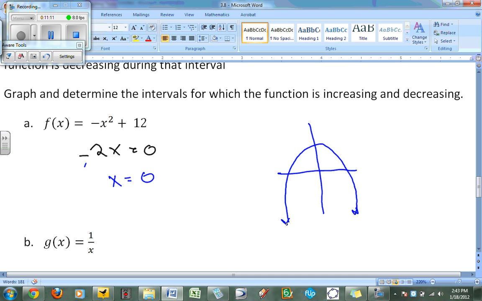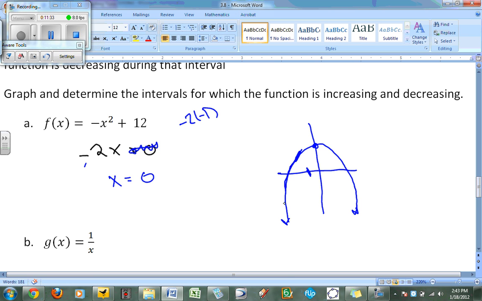Well, look, if we pick a point to the left of our critical point, which is 0, like negative 1, let's put it into our derivative. So negative 2 times a negative 1. We get a positive slope, and that makes sense. Right here is x equals negative 1. My function is increasing here, and the slope of my tangent line is positive.